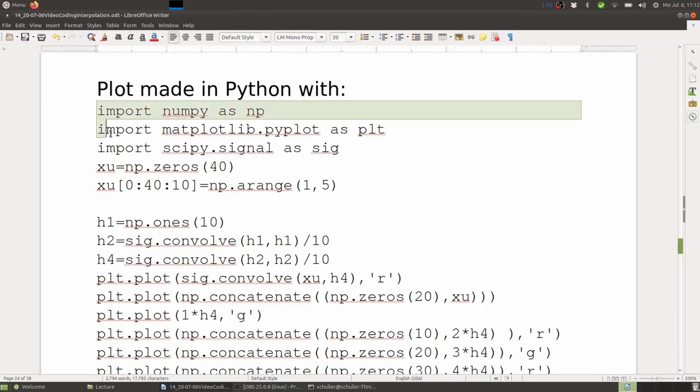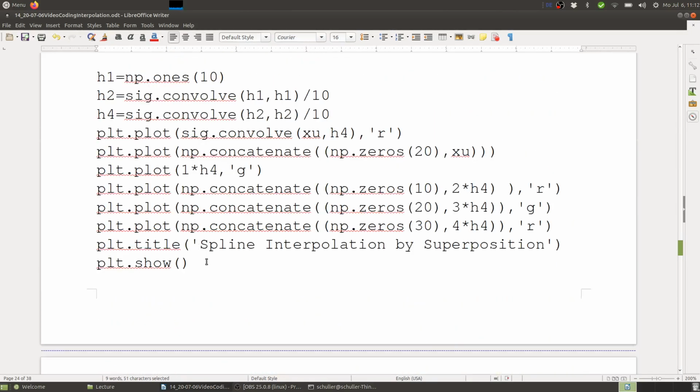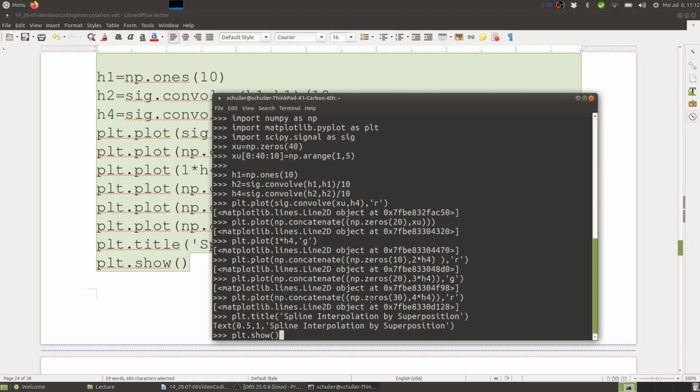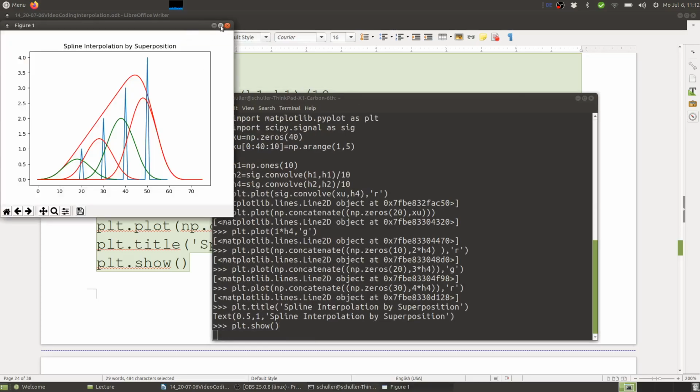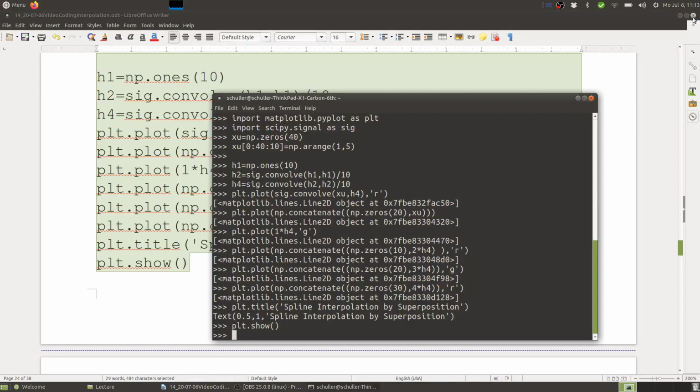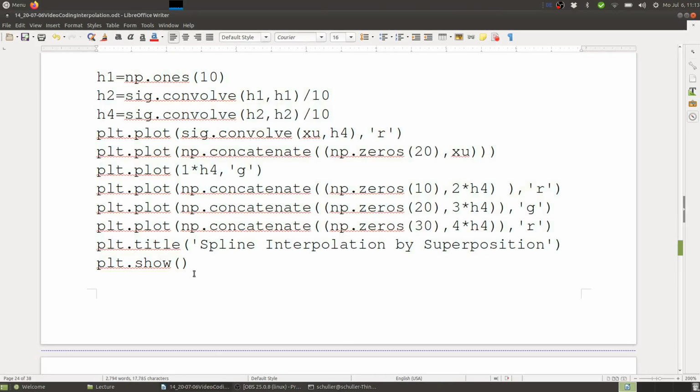Yeah, so I can copy this, paste, and here you can see our plot. So here the individual spline functions, and here the overall spline function. Also observe they are slightly shifted here, and that comes from my discretization to 1/10. So it's more qualitative.